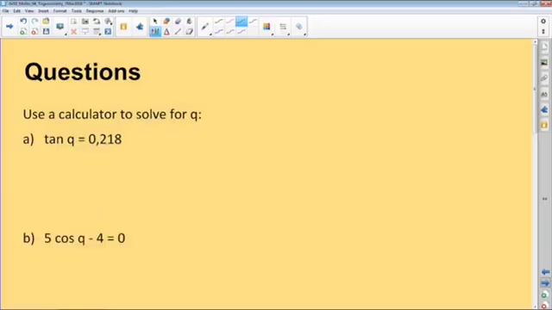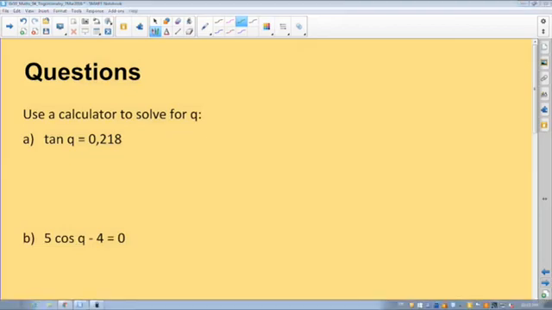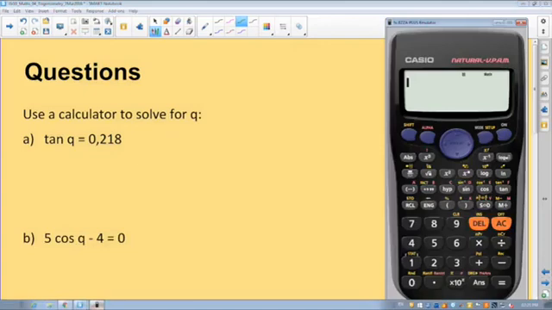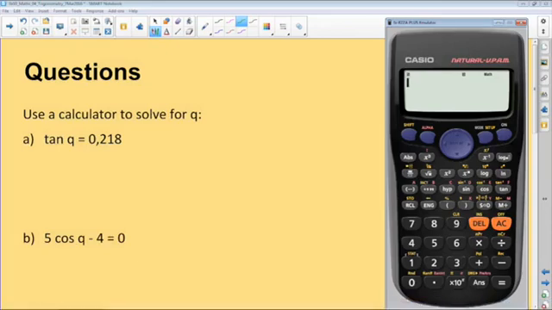The first one asked for tan Q, and it is equal to 0,218. So we go to our calculator and we make sure it's in degrees, which it is. I'm going to press the shift button and get that on screen. The reason I do that is because I'm solving for the size of the angle.